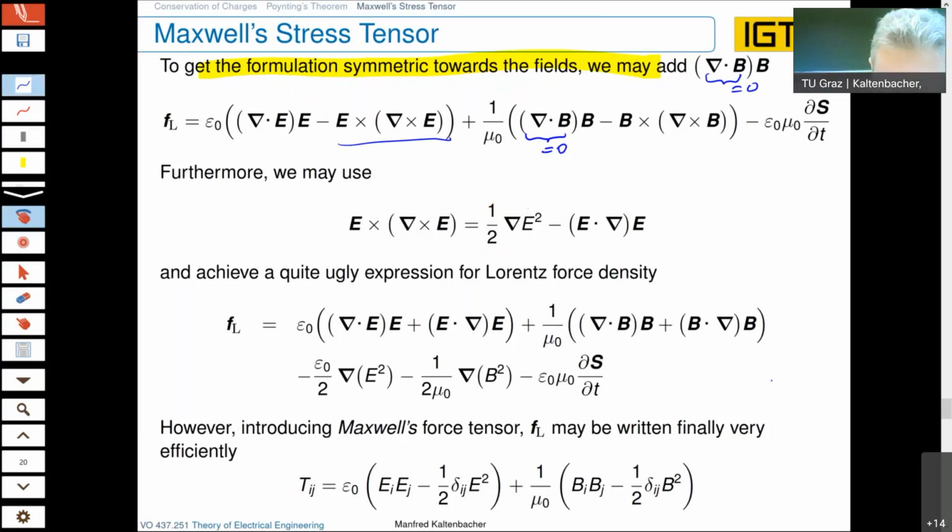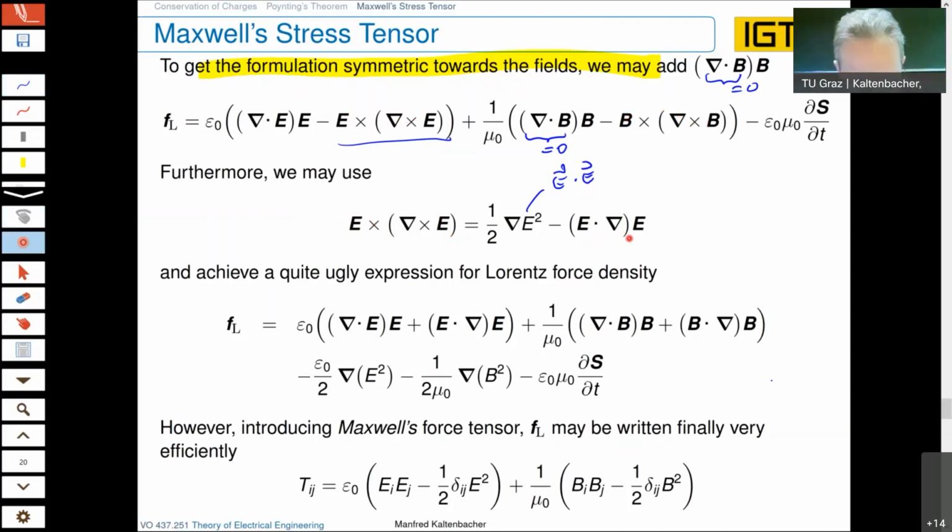You know, E squared means E dot product with E. So this is the scalar, and you can take the gradient, minus the dot product between E and the nabla operator, and this is operating then on E. So this term here, which pops up here and which pops up here, we can substitute by this vector identity.